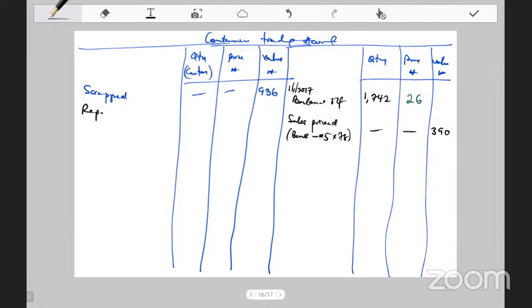So I'll bring that here. What was the value that they paid for the repairs? 500. It will not have any corresponding entry with inventory because it has nothing to do with the units of the container. We only paid for expenses, so it goes to our bank account. Next item, please.